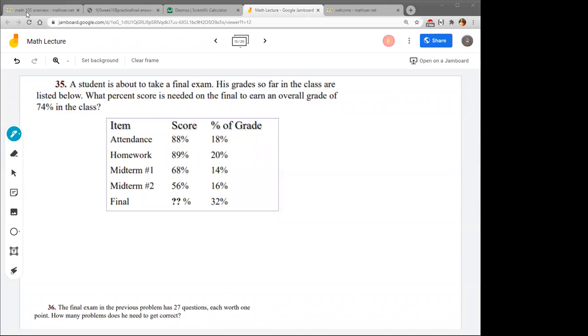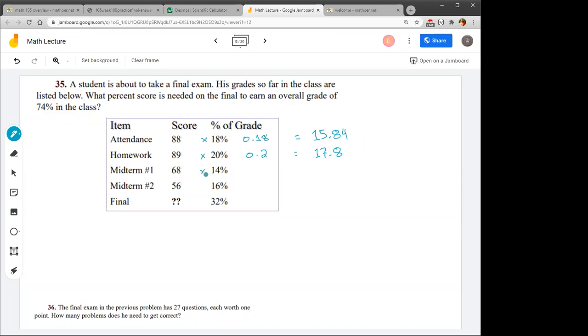Okay. And then we want to find the expected value, which means we're gonna take 88 times 0.18, and it's gonna give us the expected value of 15.84. And then we're gonna go down to homework, which is 89 times 0.20, which is 17.8.